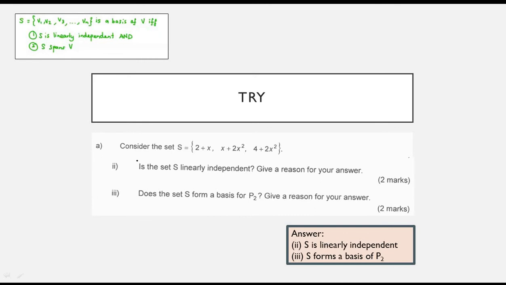S is linearly independent. Then the second question, does the set S form a basis for P2? We have proved the first condition, linearly independent.